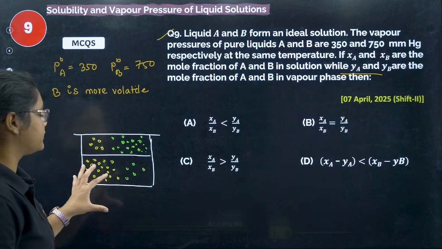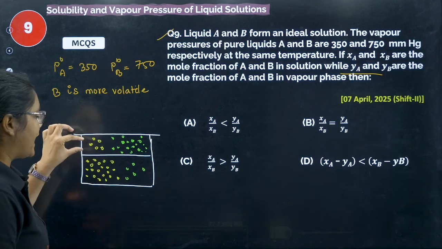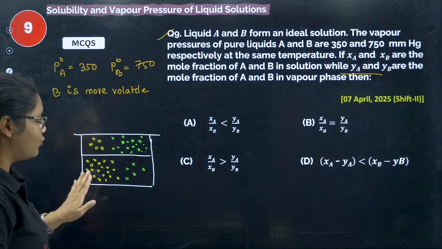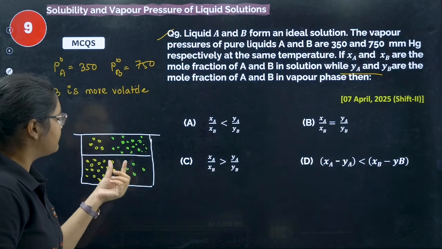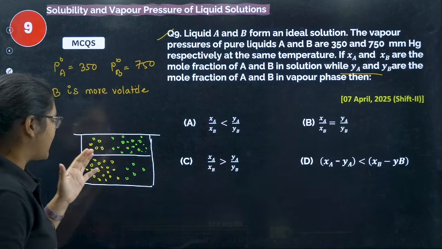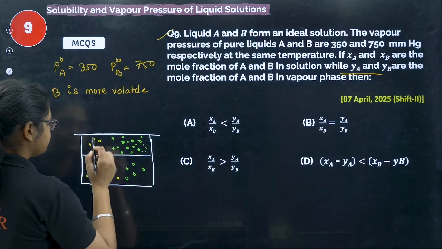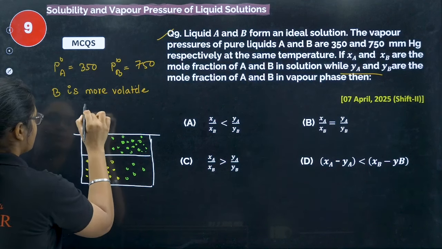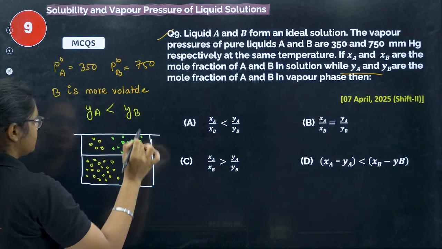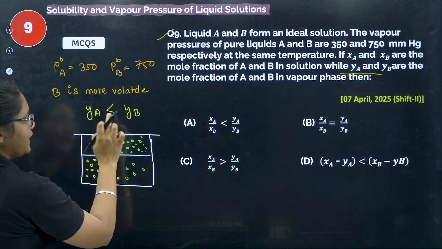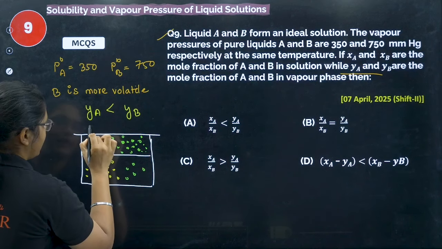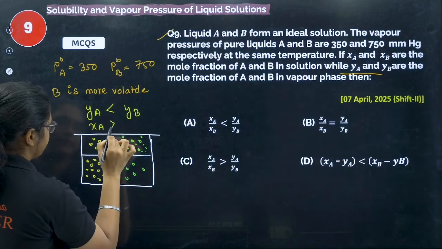Can I conclude this one from here? A has less number of vapors because it is less volatile, it will be more present in the solution, and B will have more number of vapors and less in the solution. So can I conclude that YA is less than YB, and one more conclusion that XA is greater than XB.